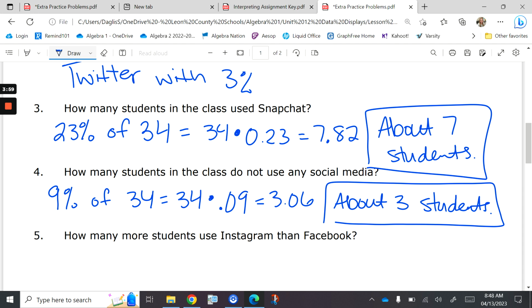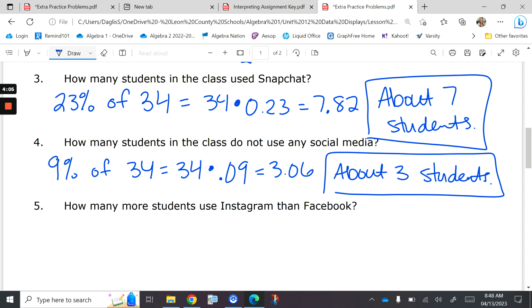All right. How many more students use Instagram than Facebook? Okay, so I need to actually figure out Instagram and Facebook, and then we're going to find the difference between the two. Okay, so what percent used Instagram? 59.